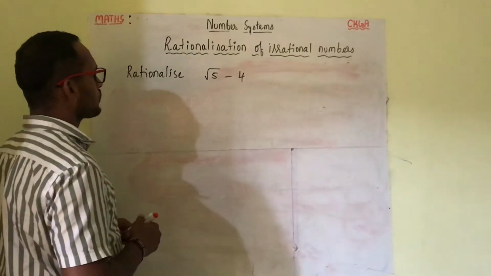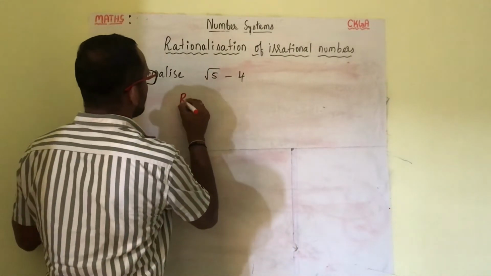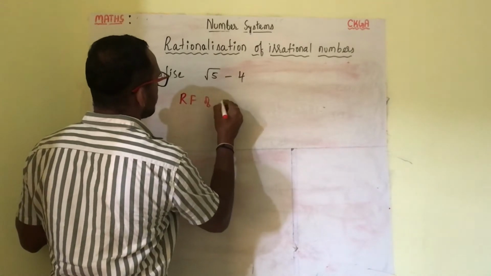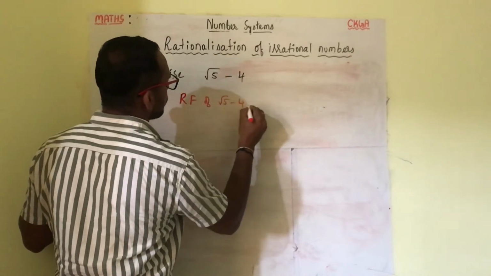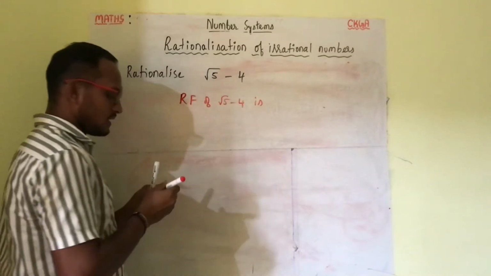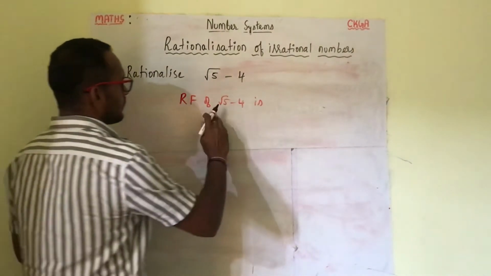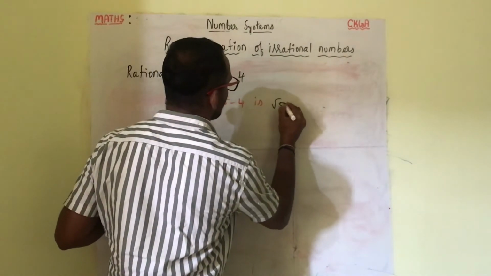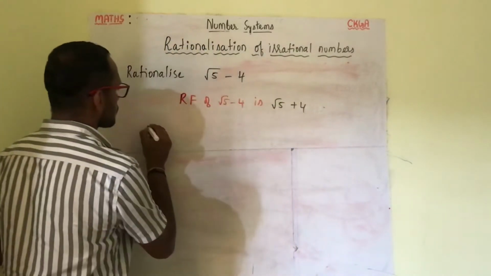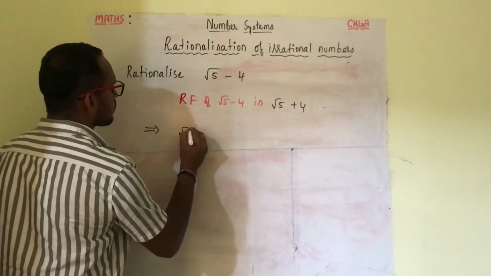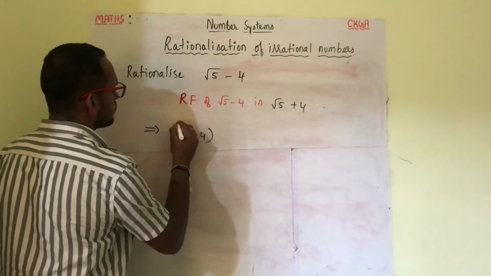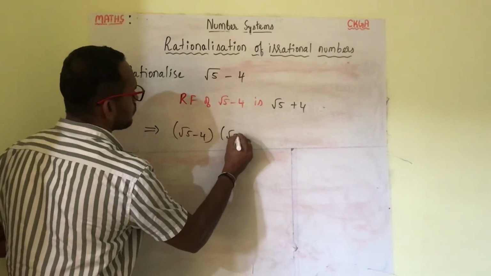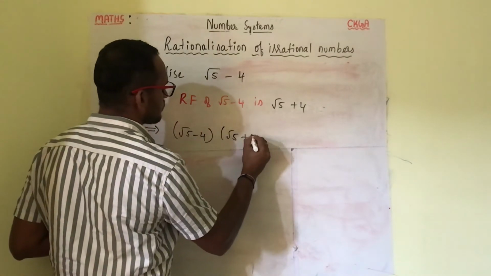It's very simple to write the RF. The RF of root 5 minus 4 is, just change the sign, that's it children, root 5 plus 4. In this process you multiply root 5 minus 4 with root 5 plus 4.